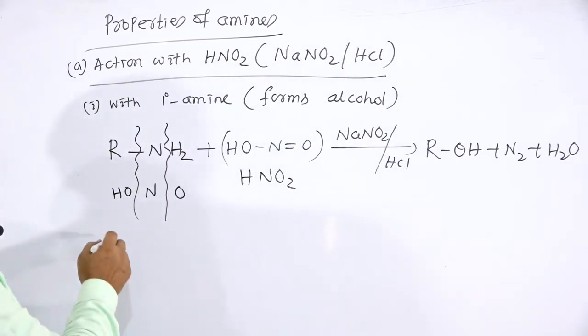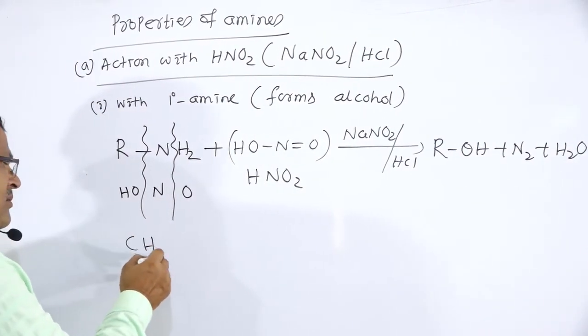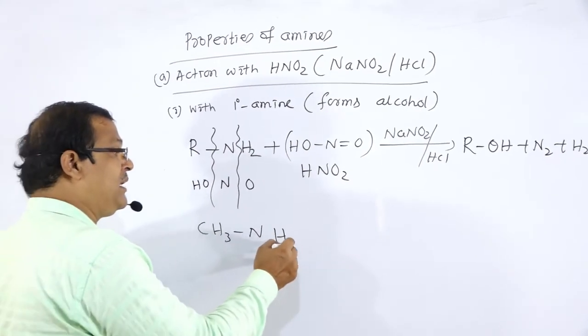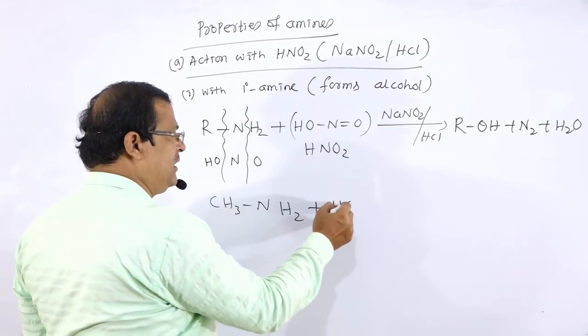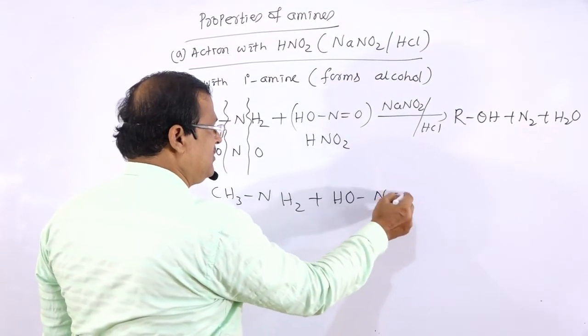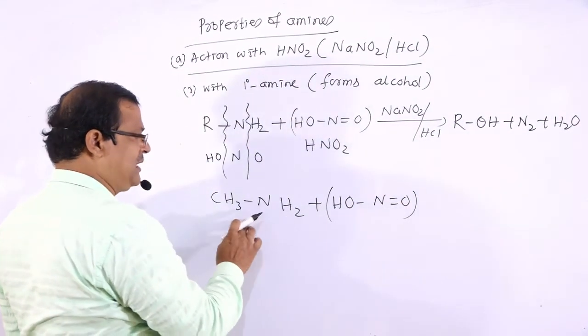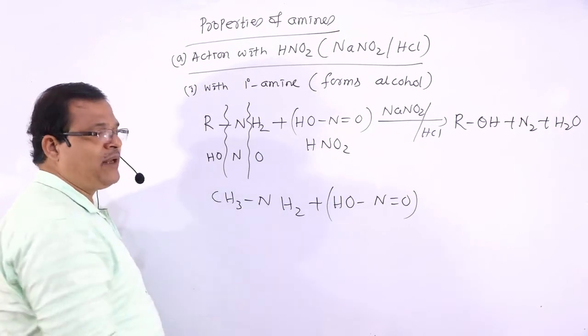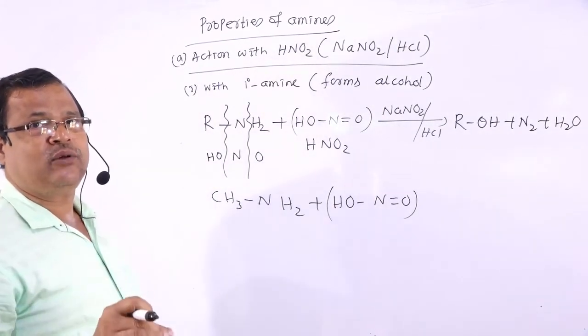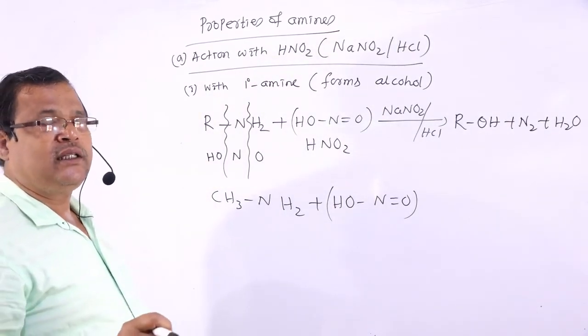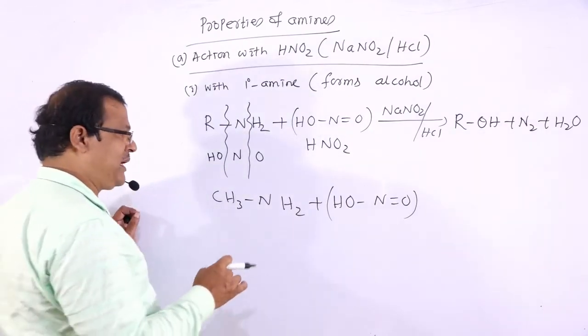For example, methylamine, which we already explained during that conversion. Any type of primary amine, whenever it is treated with nitrous acid, forms primary alcohols.